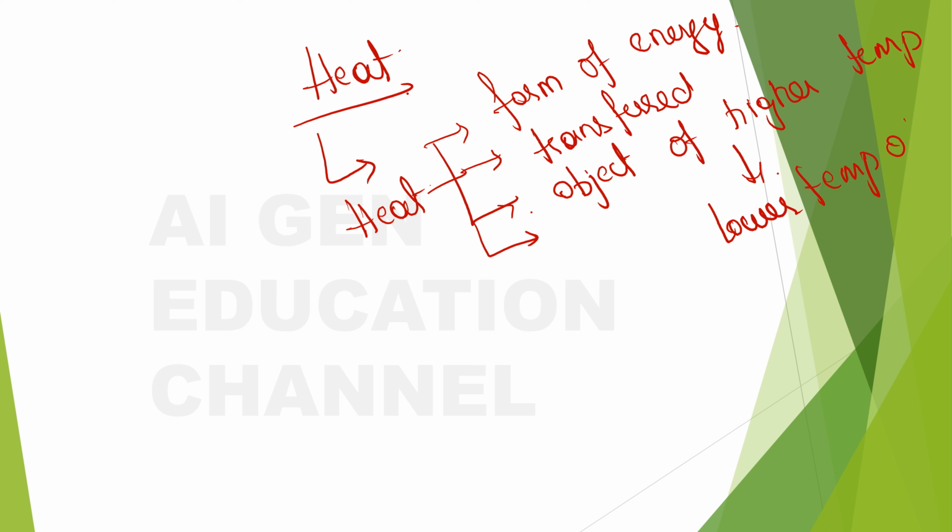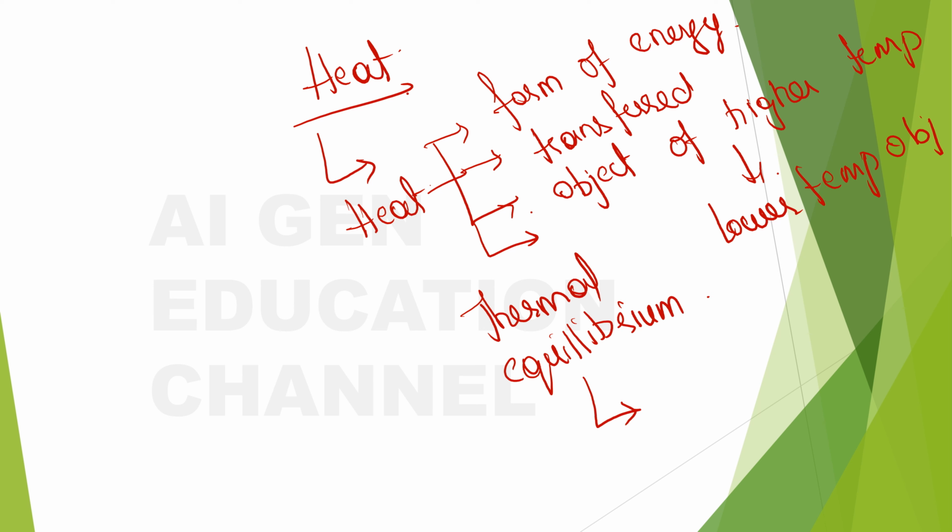Now, till when does this transfer of energy continue? It continues till they achieve thermal equilibrium. What is this thermal equilibrium? There's nothing so fancy about it. Thermal equilibrium means till both the objects attain the same temperature.